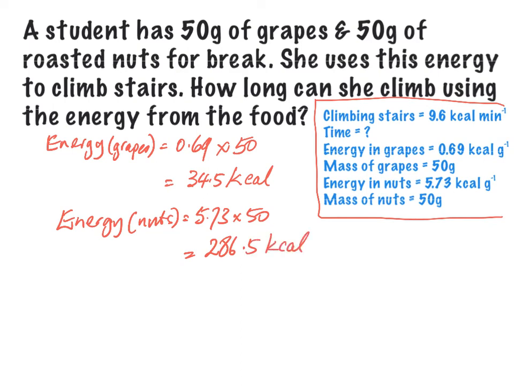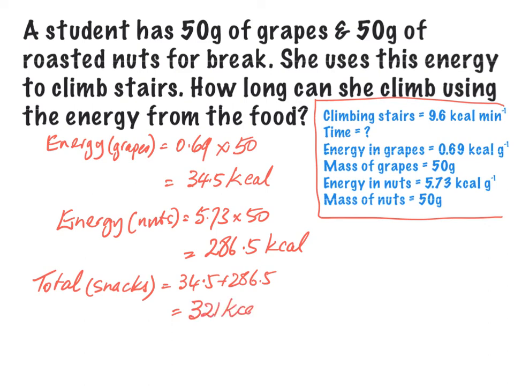Therefore the total energy she took in, total energy from snacks, is 34.5 plus 286.5. Just double checking all this to make sure I get it right. So 321 kilocalories. That's how much energy was provided by her snack.